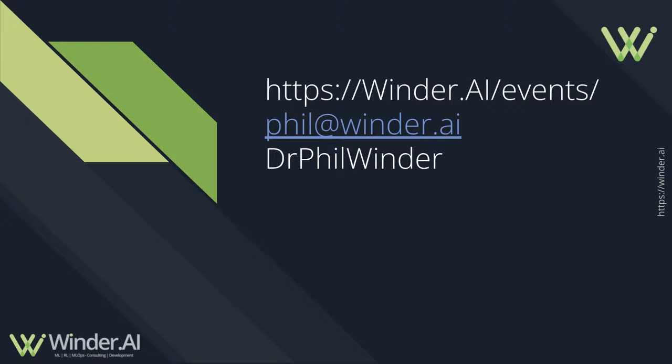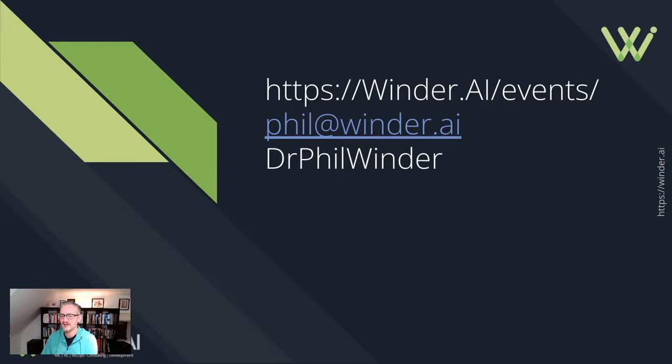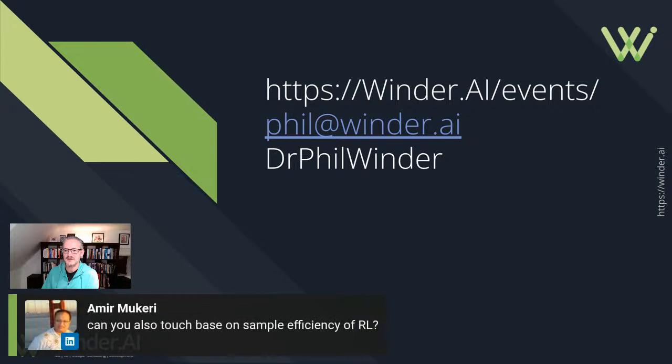Okay, I'm going to take a quick look at some of the questions now and pick a couple. The first question is about sample efficiency of reinforcement learning. This is quite a tricky algorithmic concern, not strictly relevant to this presentation, but just to touch on it: sample efficiency is the idea of how many experiences within an environment an agent needs.